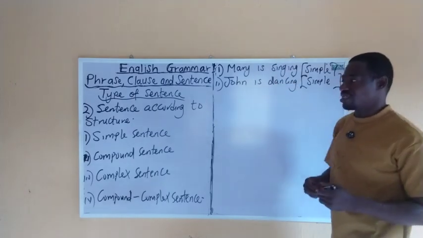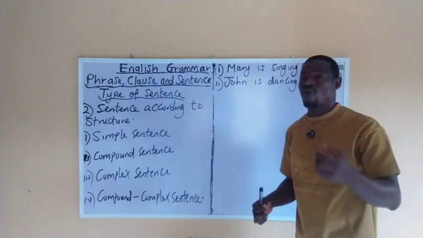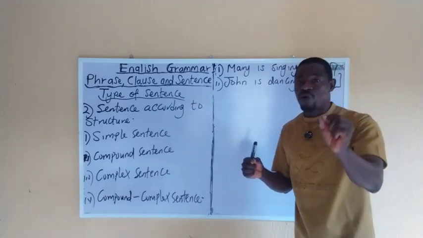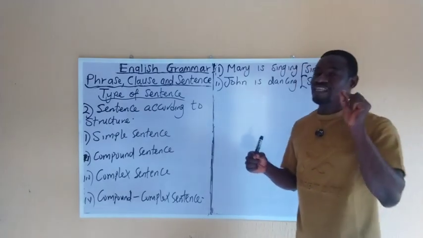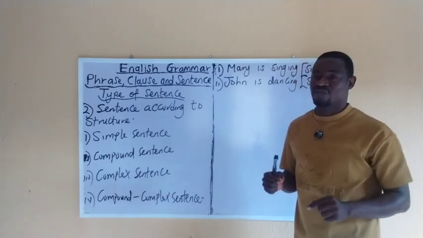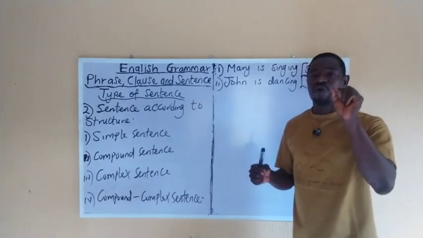That's for simple sentence. Okay, the next is compound sentence. A compound sentence consists of two independent clauses joined by coordinators. Again, a compound sentence consists of two independent clauses joined by a coordinator. The question is, what are coordinators? Okay, I'm going to use the acronym FANBOYS to show what coordinators are.